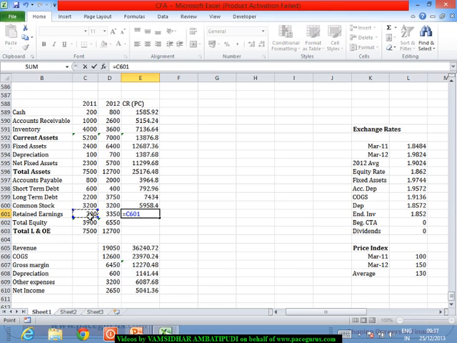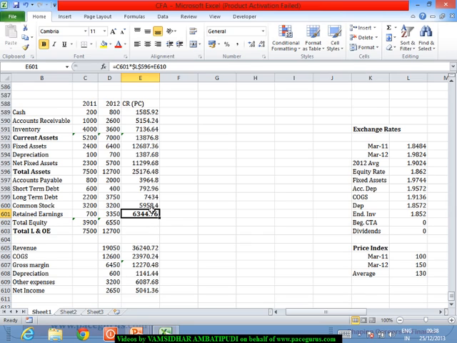I'll take the retained earnings of the previous period, translate it at the equity rate itself, and to that I will add the net income of the current period in the foreign currency, and I say this will be my translated retained earnings. A very important step in the case of the current rate method.